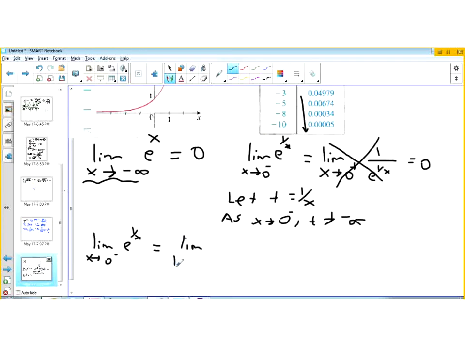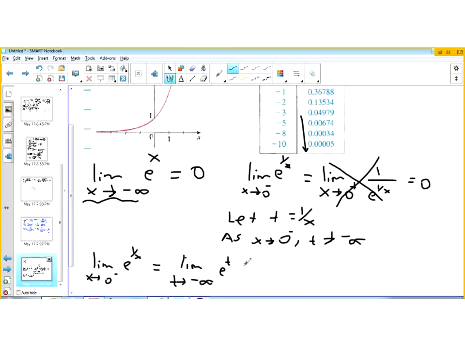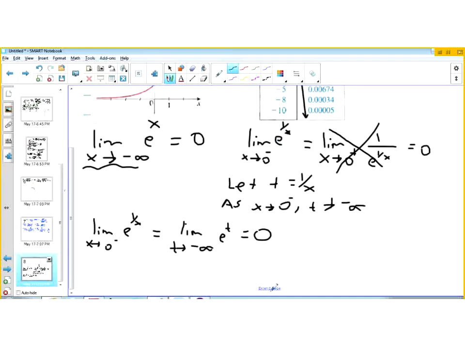So the limit as x approaches 0 from the left is the same as the limit as t approaches minus infinity of e to the t. Based on the graph, we know that as t goes to minus infinity, this output goes to 0. So there it goes.